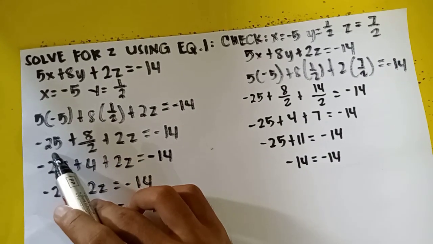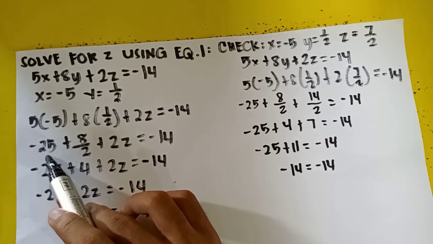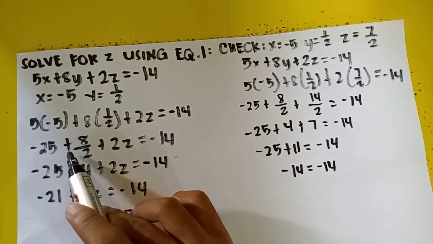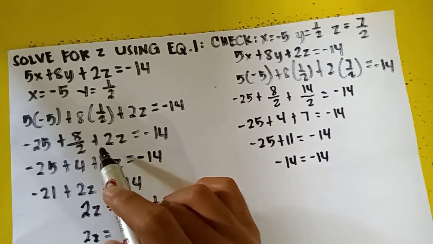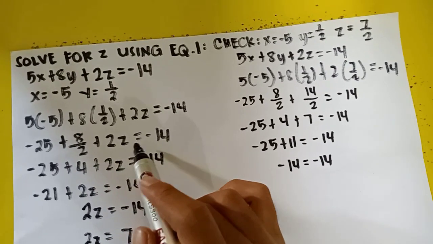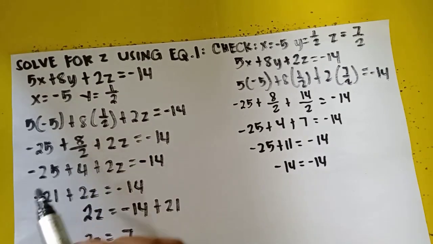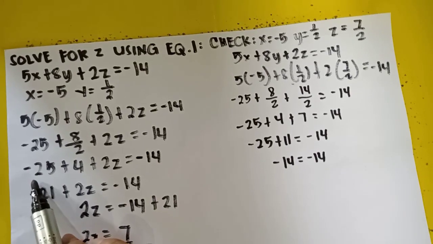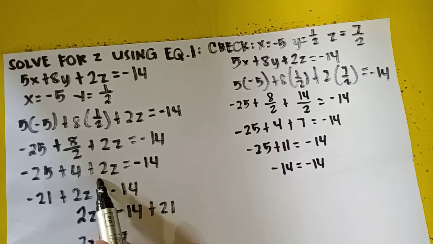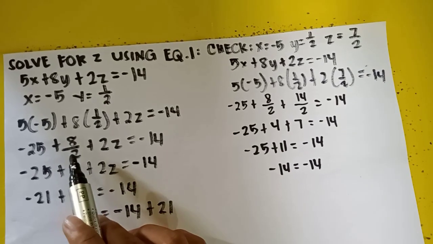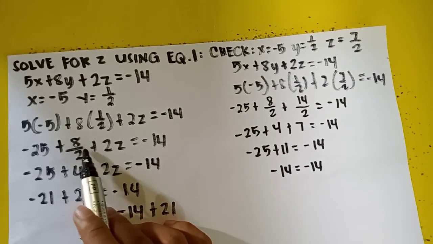5 times negative 5 is negative 25. And then 8 times 1/2 is 8 over 2, plus 2z equals negative 14. Negative 25 plus 4 plus 2z, where 4 came from 8 over 2.